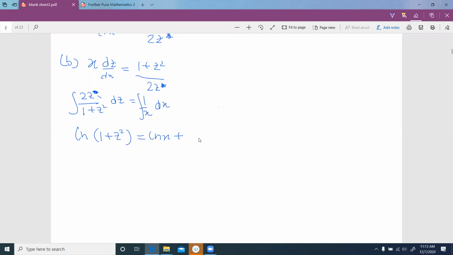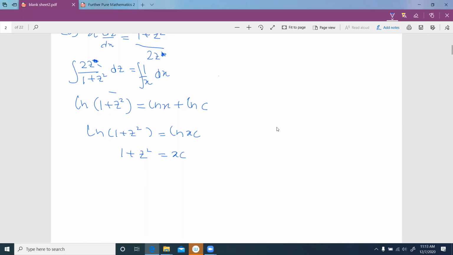Therefore this one also I write with ln c. So ln of 1 plus z squared is equal to ln of xc. ln and ln you can cancel and you can write 1 plus z squared is equal to xc. We cannot find c here because there are no other boundary conditions.